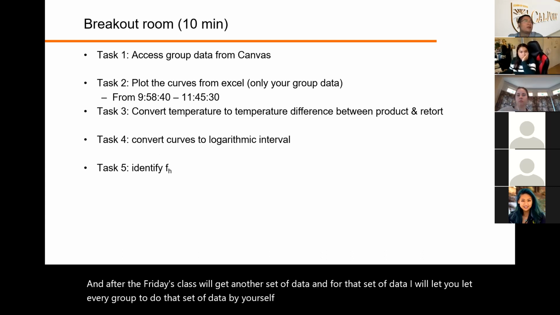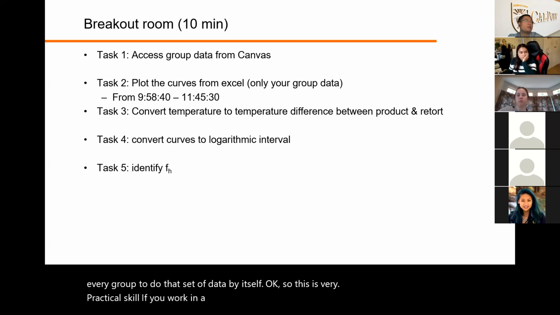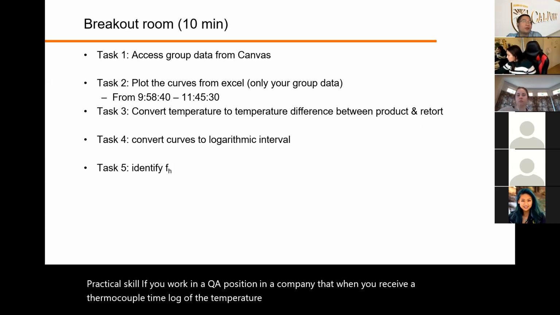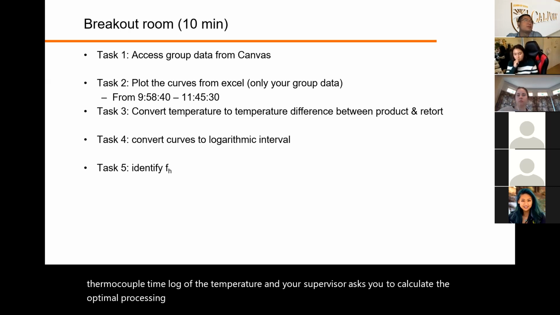This is a very practical skill if you work in a QA position in a company. When you receive a thermocouple time log of the temperature and your supervisor asks you to calculate the optimal processing time, this is the calculation you need to perform.